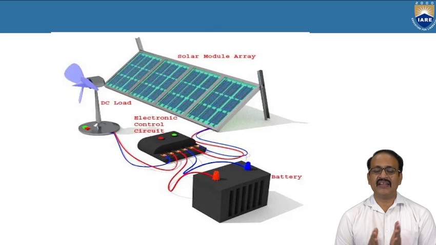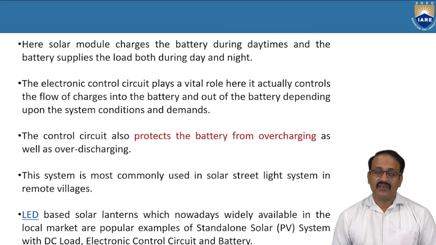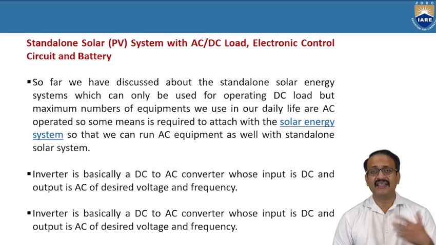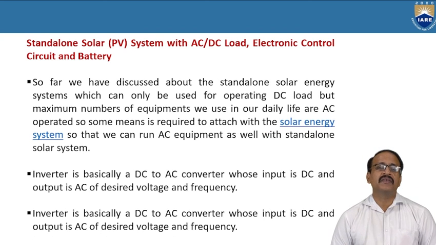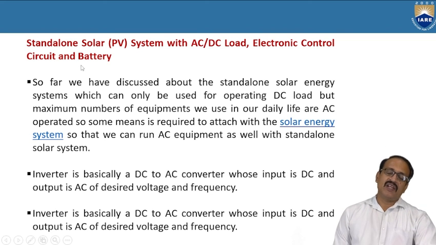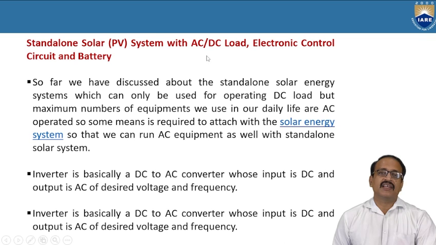The majority of the equipment is designed to function with AC power, so this is a big lagging. To meet that demand, we have gone for a new type, the standalone system with AC and DC load, electronic circuit and battery.